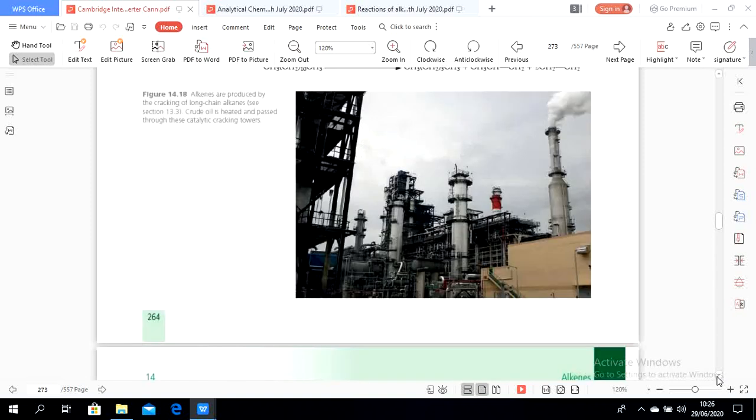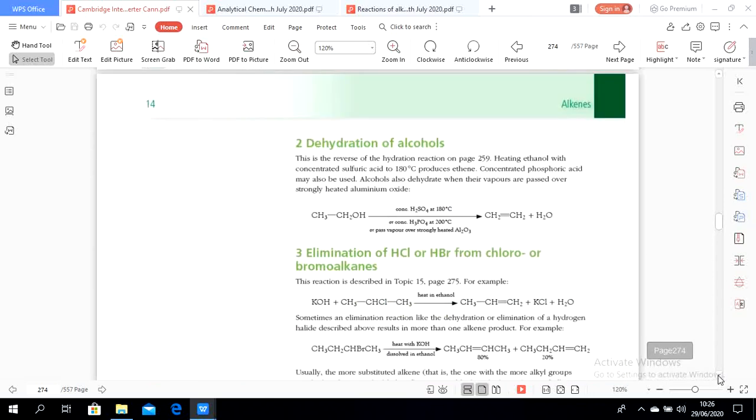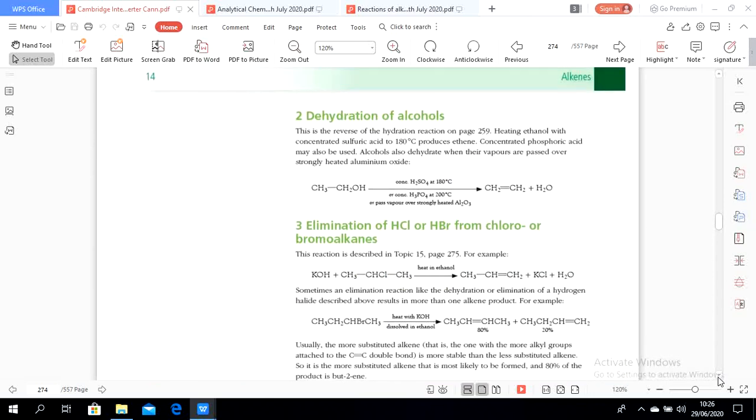Cracking long chain alkanes becomes small chain alkenes, and then small chain alkanes and hydrogen gas. And then dehydration of alcohol using concentrated sulfuric acid at 180 degrees Celsius, or using concentrated phosphoric acid at 200 degrees Celsius, or passing vapor over strongly heated aluminum oxide will produce alkene.